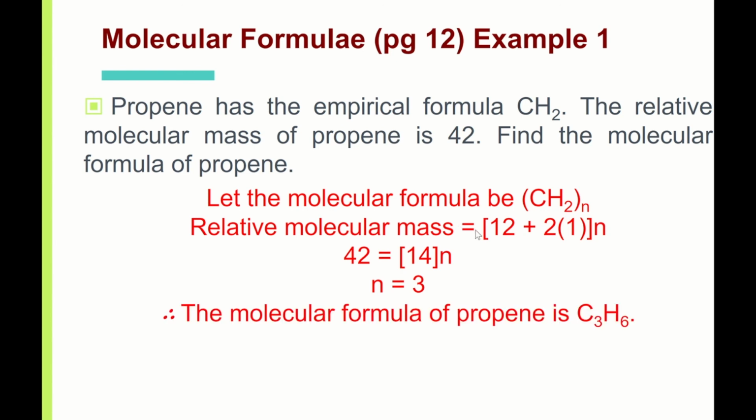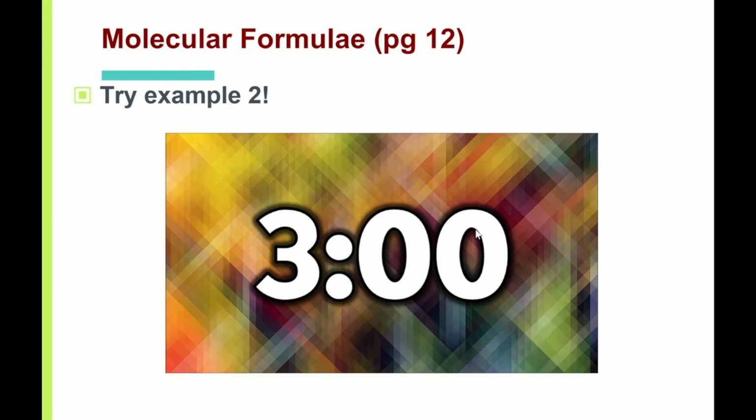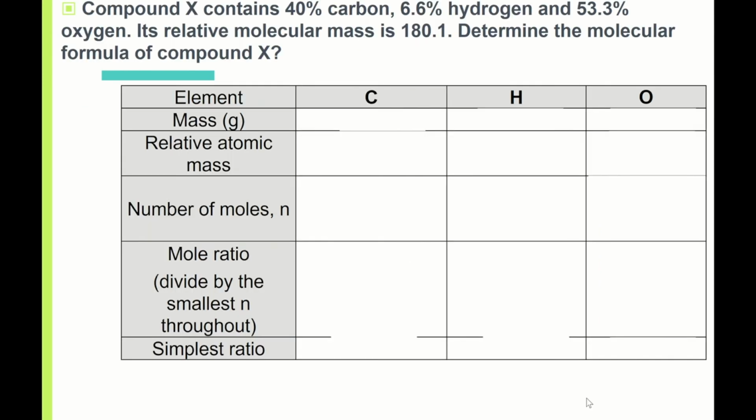C3H6. Now I want you all to try example 2 in your notes, page 12. In this case, we are given an unknown compound which contains carbon, hydrogen, and oxygen. Same thing, draw out the table with the headings to help with your presentation and working. The mass of each element, following the question, is 40, 6.6, and 53.3.